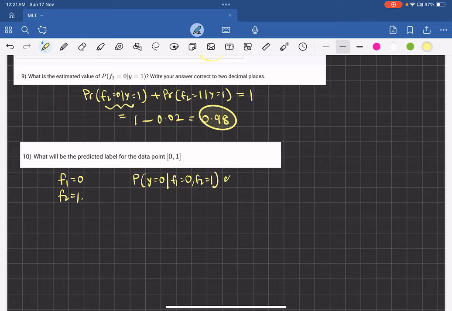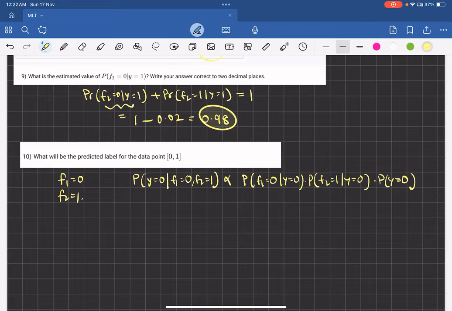So this is proportional to the probability f1 is equal to 0 given y equal to 0 multiplied with the probability f2 is equal to 1 given y equal to 0 multiplied with probability y equal to 0. Right. Now we are able to write this using the conditional independence of features, or more precisely, the class conditional independence of features.